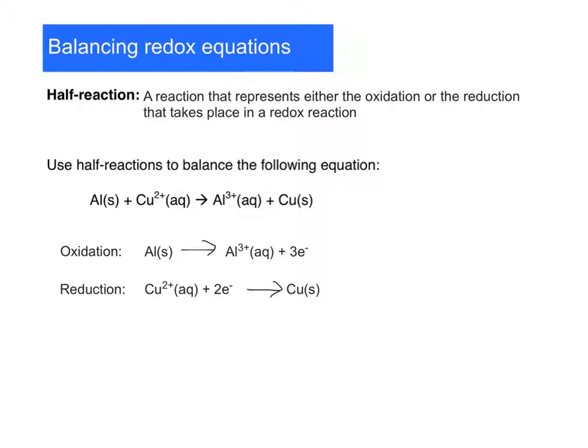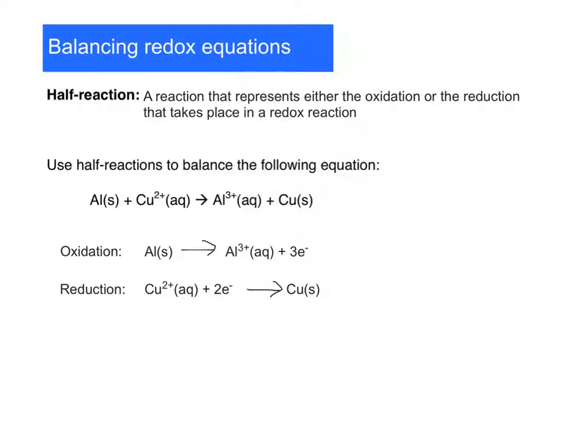Now this is where writing the half reactions is important. You can see that we lost 3 electrons, but we only gained 2. So that is not balanced. We need to multiply these half reactions to get an equal number of electrons on either side so that they can cancel out. Basically, every electron that's lost has to be given to another atom.